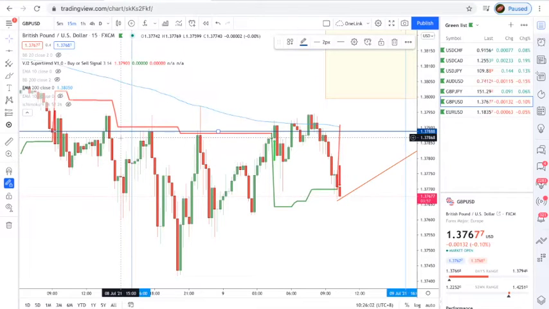Try to enter the trade nearer to the red line here. Or try to set a limit order, something like that. If you have no time, you can wait until the price comes near to this position, then you enter the trade.